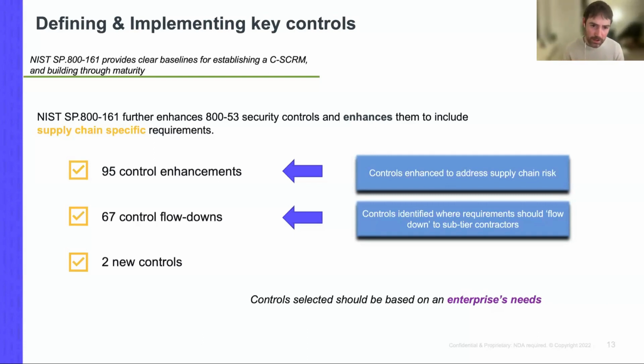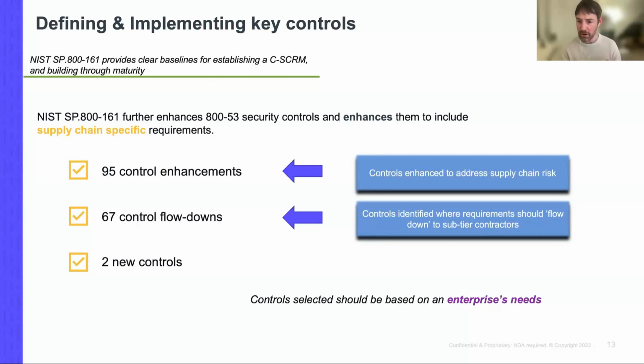And so 853, NIST's critical security control standard, has in excess of 900 controls. It's quite a lengthy document. What 161 does is actually enhance many of the security controls to include supply chain specific requirements. So it's taken 95 controls and enhanced them.